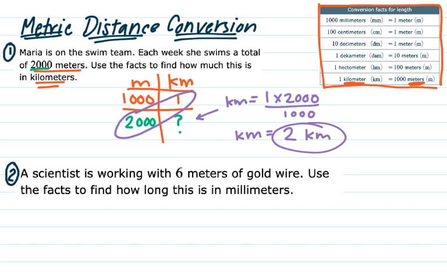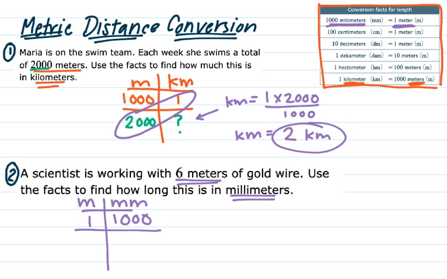All right, let's look at another one. We want to convert 6 meters of gold into millimeters. So we'll make a table. We want meters to millimeters. So we look at our table of values. 1 meter, if you look up here, is equal to 1,000 millimeters. So now let's look at our specific question.